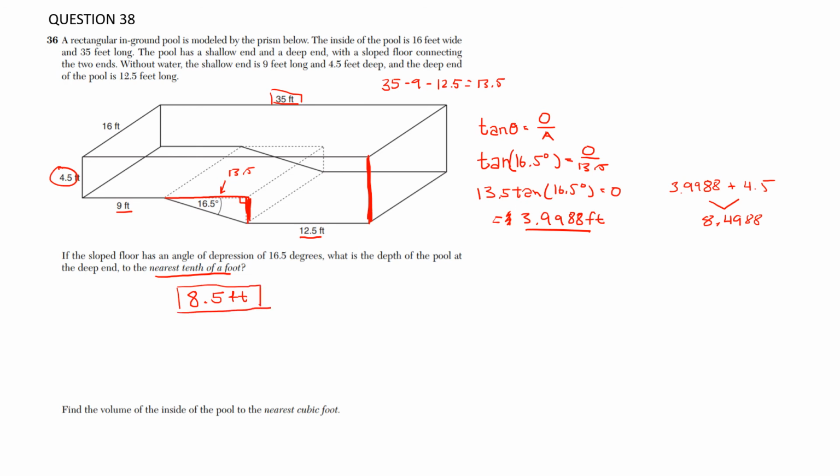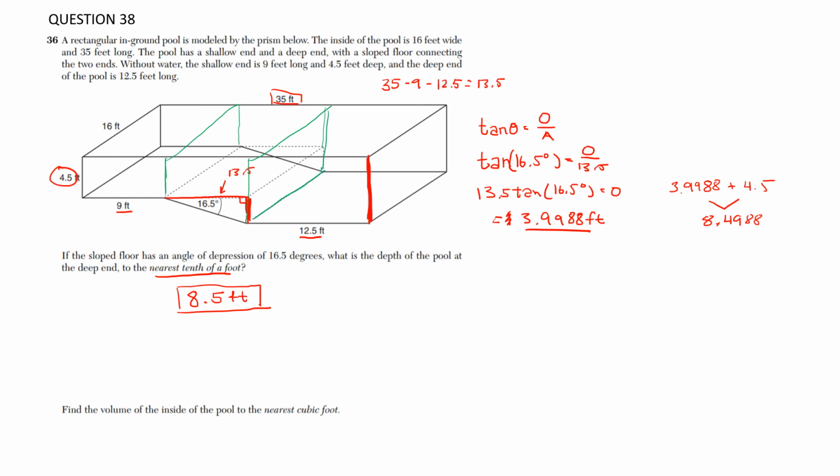We have a second portion of the question, and it tells us to find the volume inside the pool to the nearest cubic foot. All right. So there's a few ways to go about doing this. We can divide this pool up into a few more easily palatable rectangular prisms.